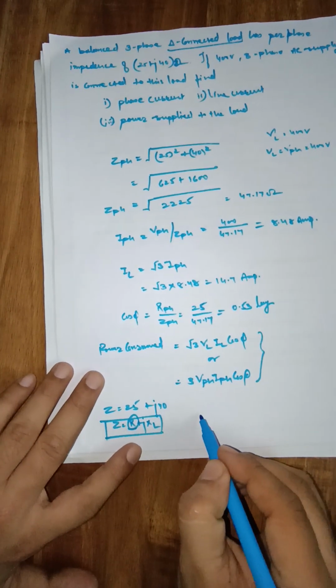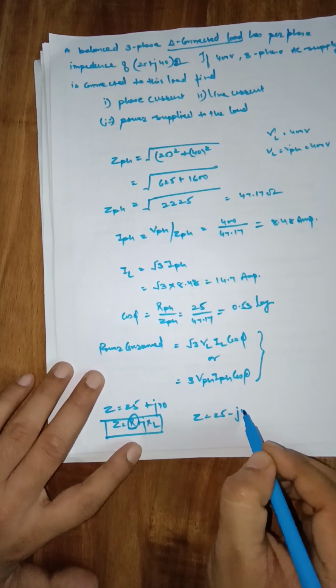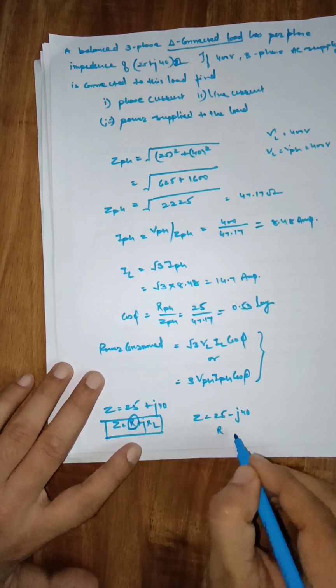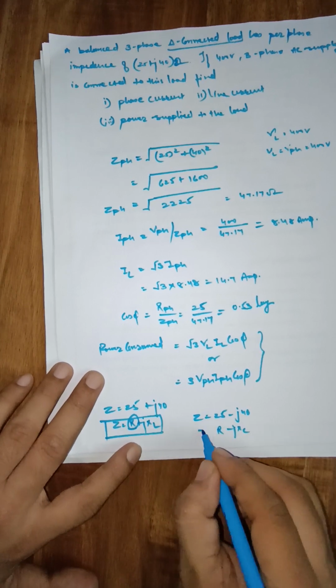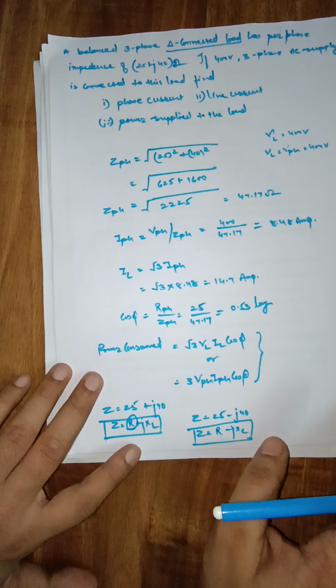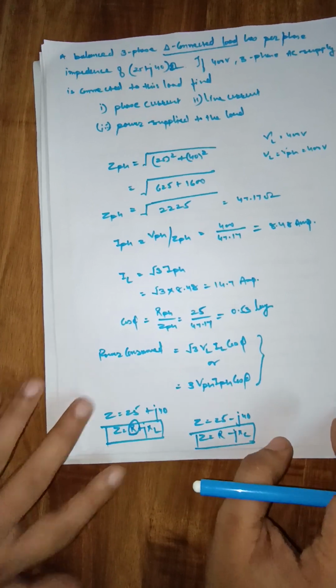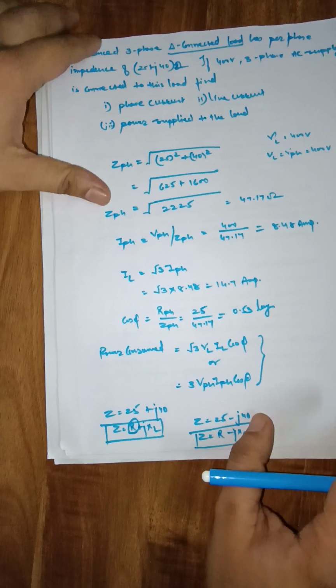And if it was given like Z equal to 25 minus J 40, then R minus JXC will be your Z. Clear? There should be no doubt between these two terms. Okay, let's do one more question.